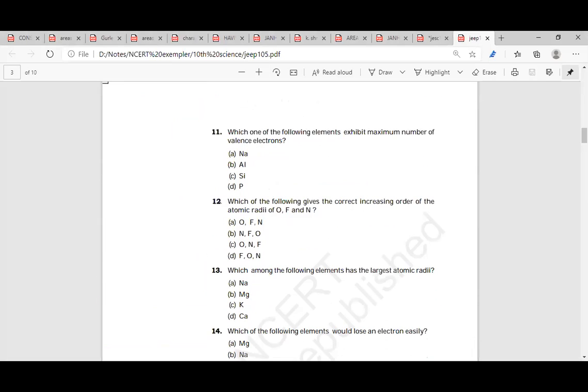Which of the following elements exhibit maximum number of valence electrons? Maximum number of valence electrons.